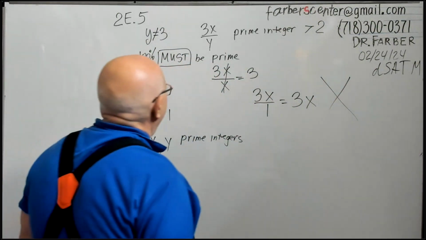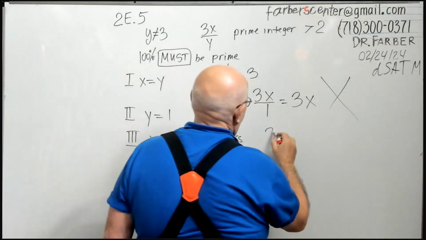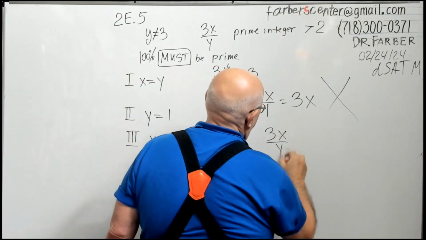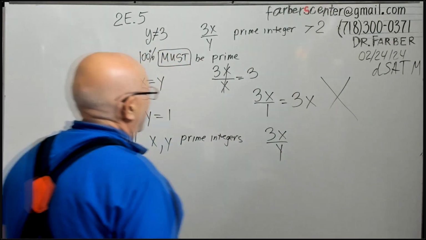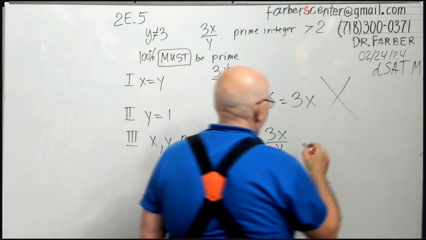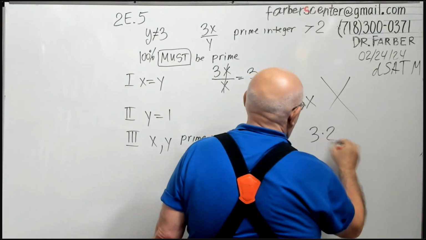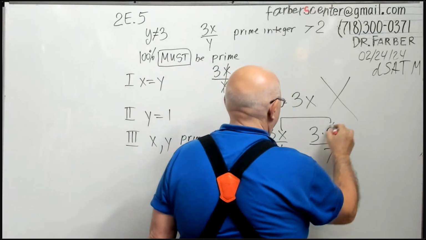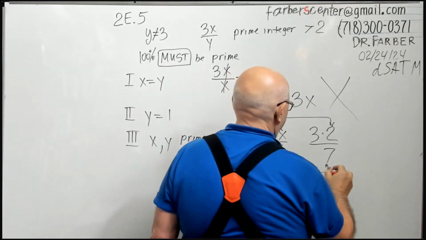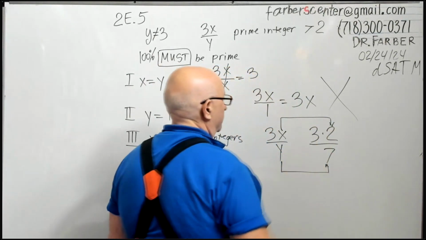X and y prime. 3x over y, they are prime. For instance, 3 times 2 over 7. Is x prime? Yes. Is y prime? Yes. Is it an integer?